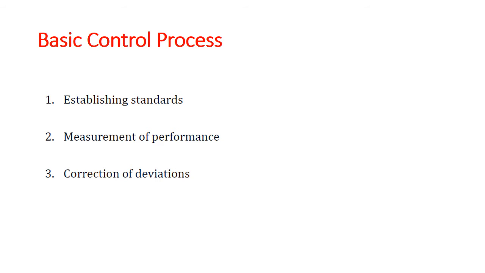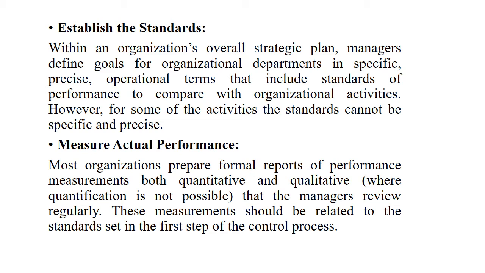That's it. Here we can see establishing standards, that is strategic plans. Managers define goals in specific and precise operational terms, and they create the standards of performance to compare with the organization's activities. So for actual performance, formal reports are prepared both quantitatively and qualitatively, and the managers review regularly.